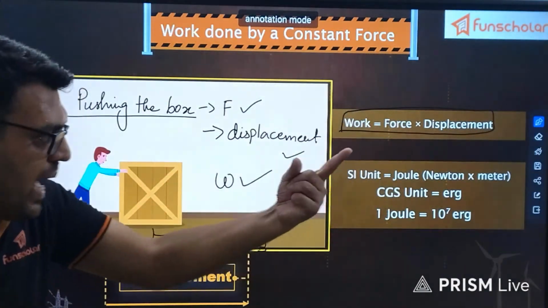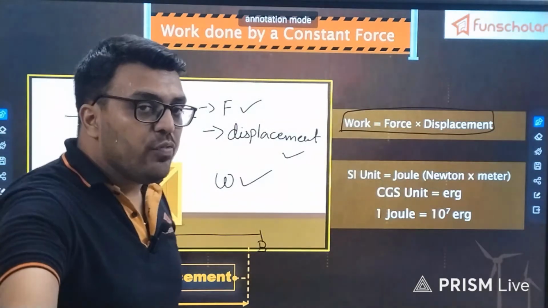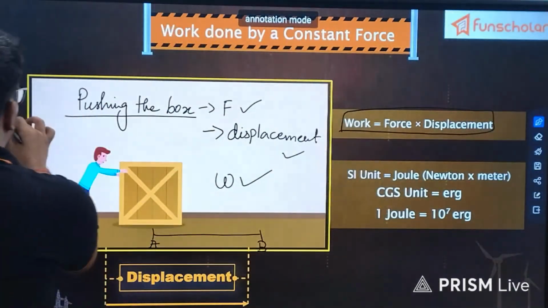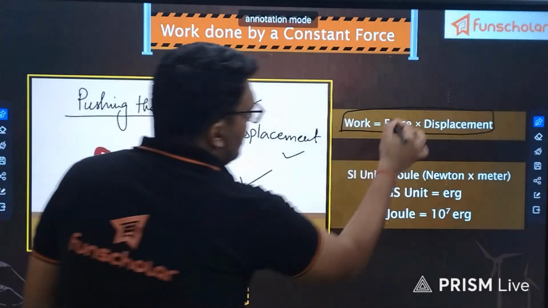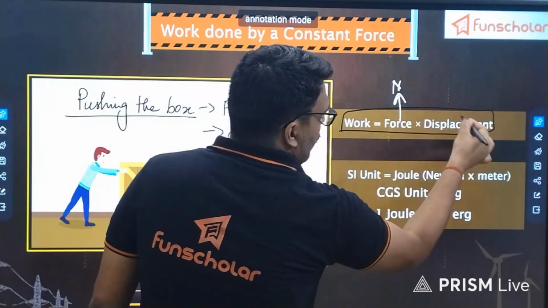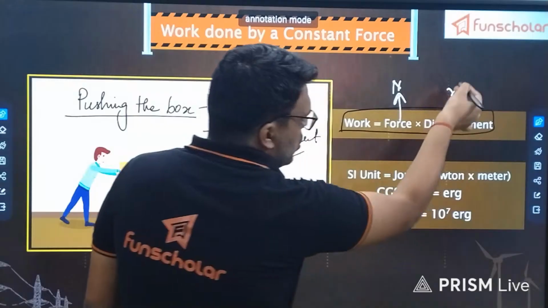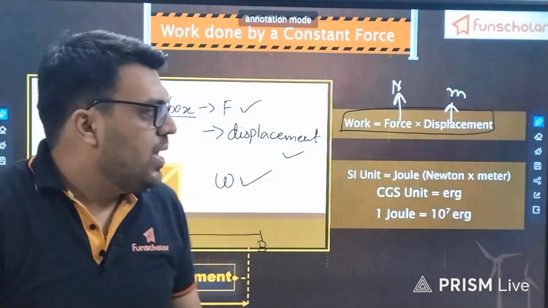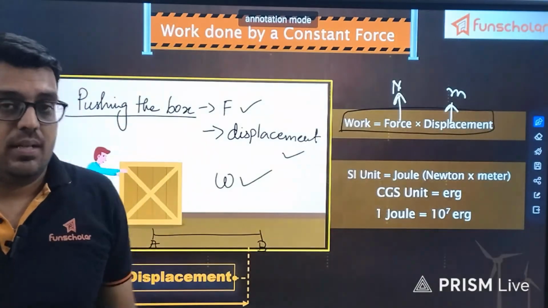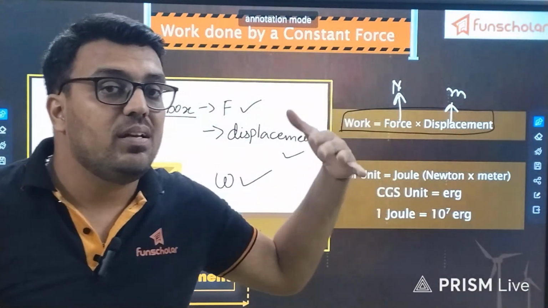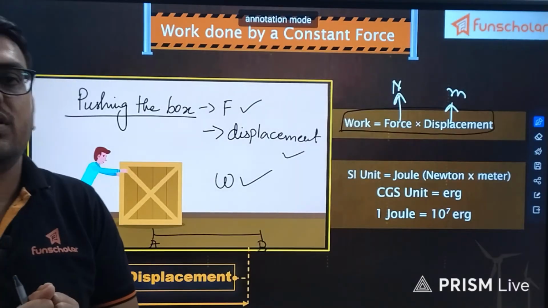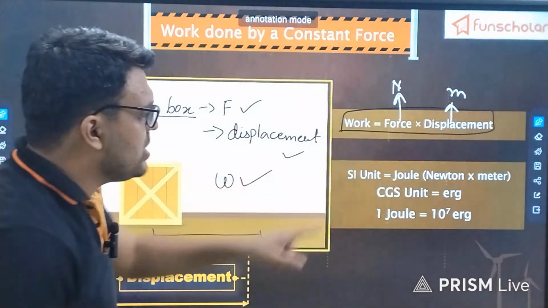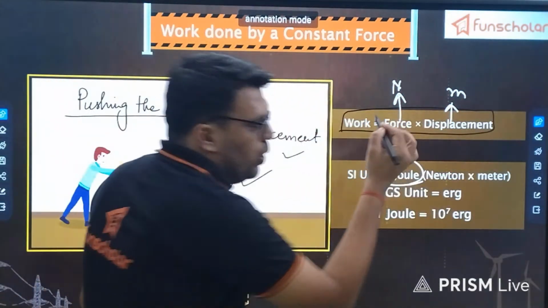Now you know that the SI unit of force is Newton. For displacement, it is meter. So it has to be Newton meter. But again, the SI unit of this physical quantity, work, is given after the name of a scientist. So this has been given the term joule.